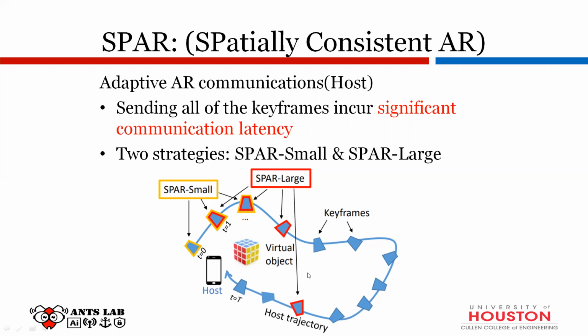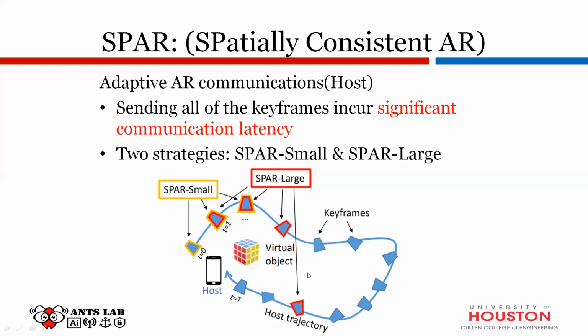They do show that. For example, for sparse large, they mentioned that in a large environment, if you choose the keyframes that are close to virtual objects, that means you are sending the information that is more important. This works better in a large environment, because there are a lot of places that can be far from the virtual object.